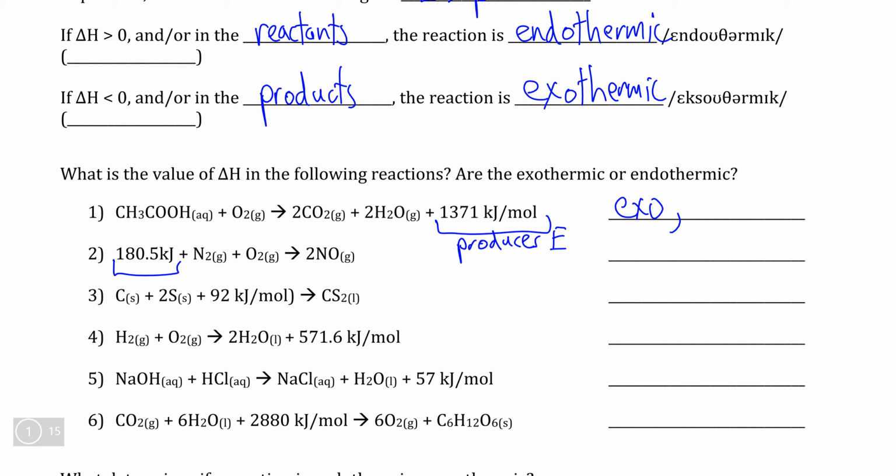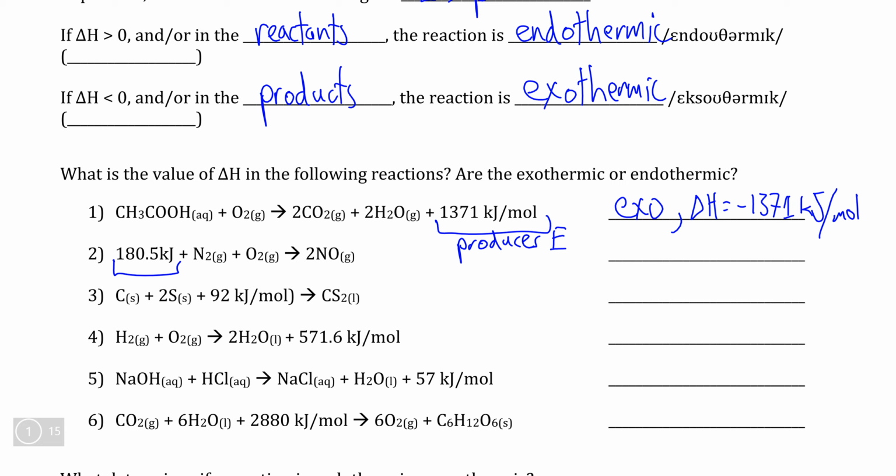And the actual value of delta H here, remember that delta H, if energy is released, is written as a negative number, so we would say that delta H is equal to negative 1,371 kilojoules per mole of the reaction.